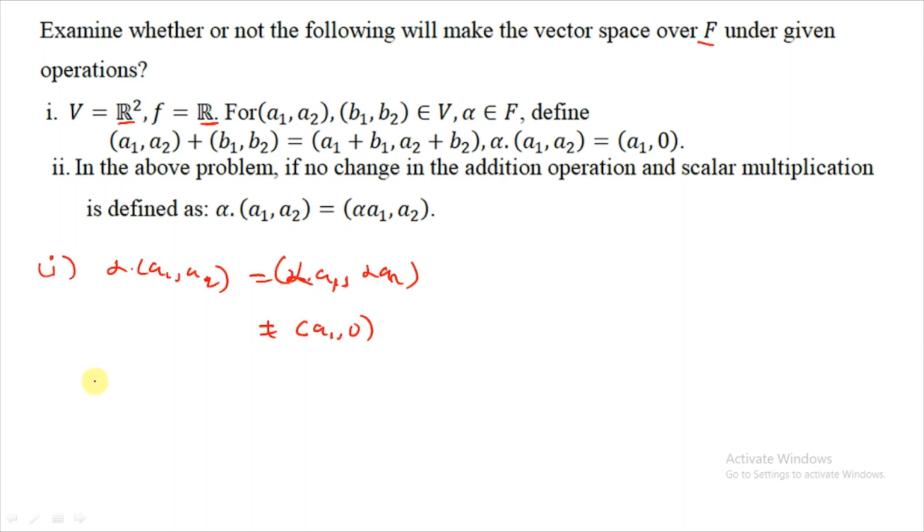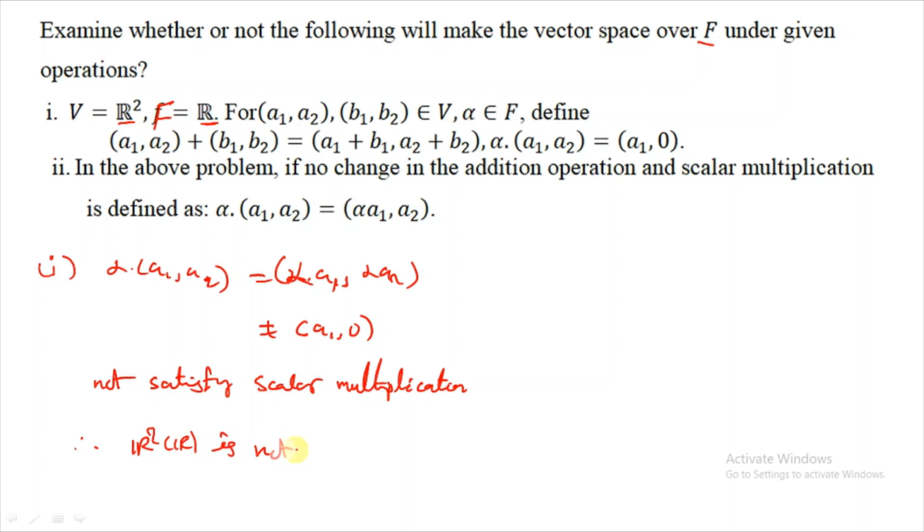That means scalar multiplication is not satisfied. Therefore, R2 over R is not a vector space.